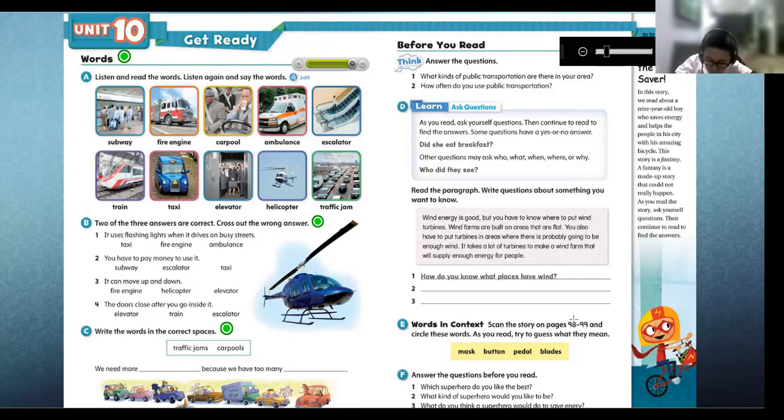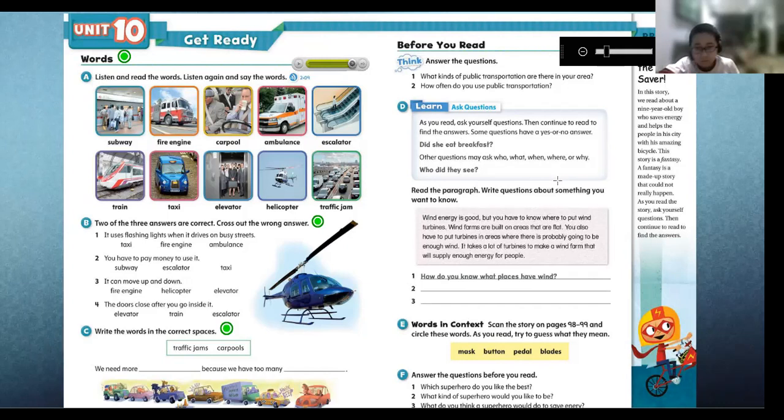There are questions that can be answered with yes or no, of course. For example, when I ask you, did you eat dinner already? Yes. But there are also questions that ask who, what, when, where, or why.